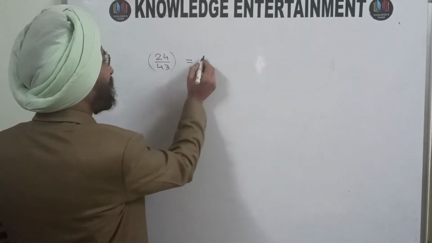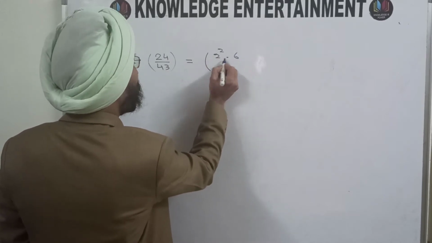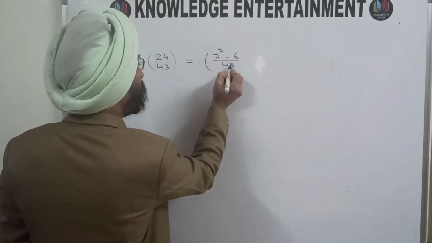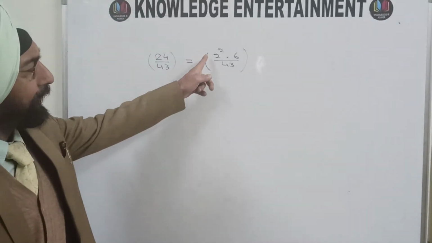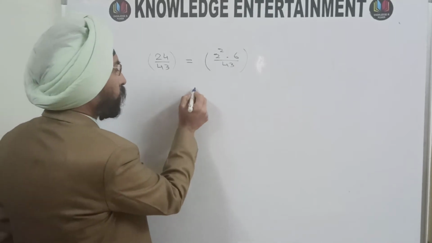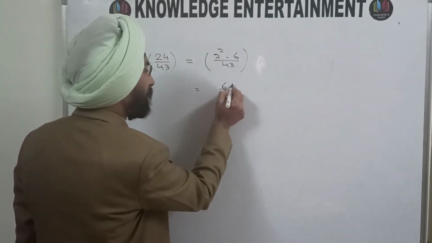So you can write it as 2 squared into 6 upon 43, like this. Now A squared B upon P is B upon P, so it is 6 upon 43.